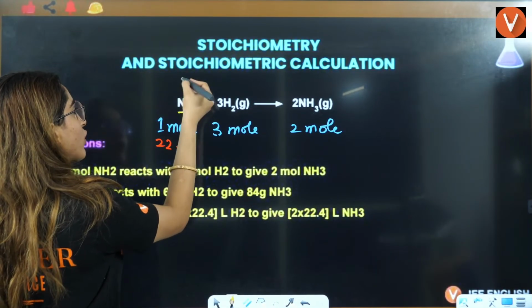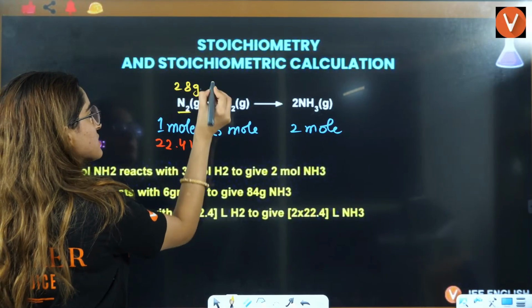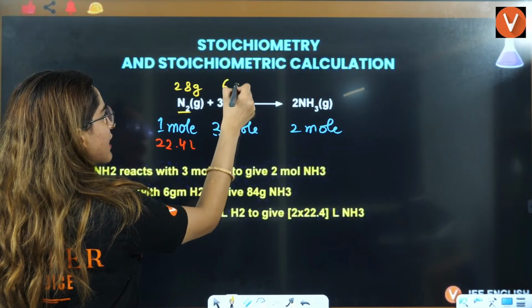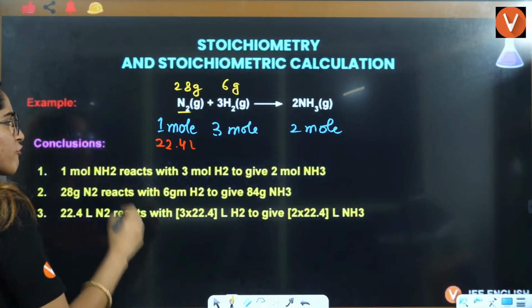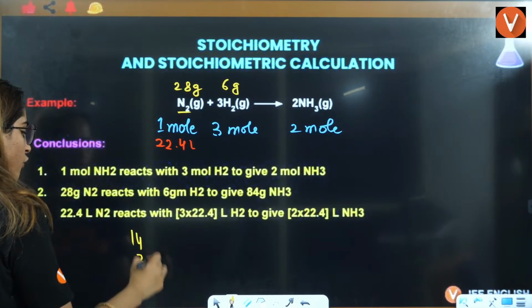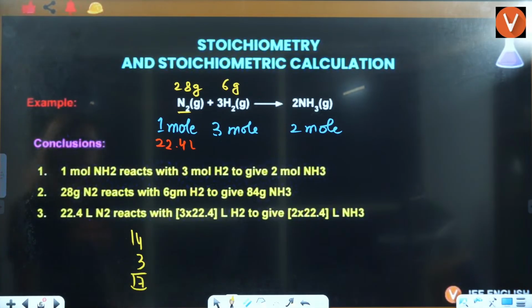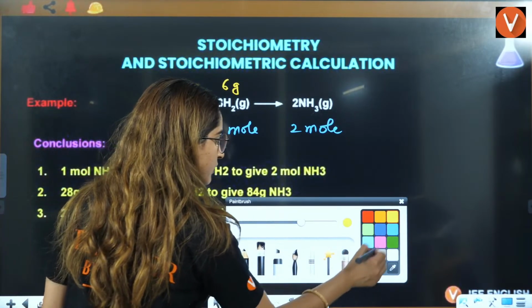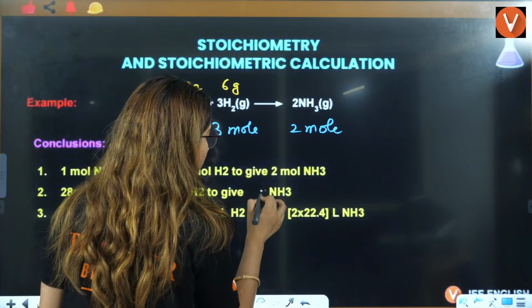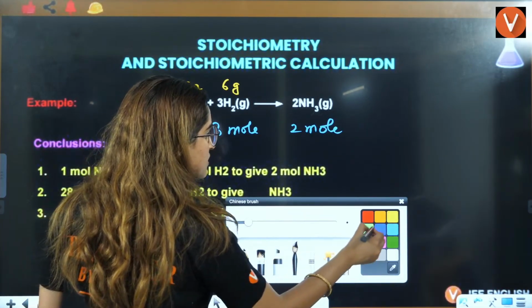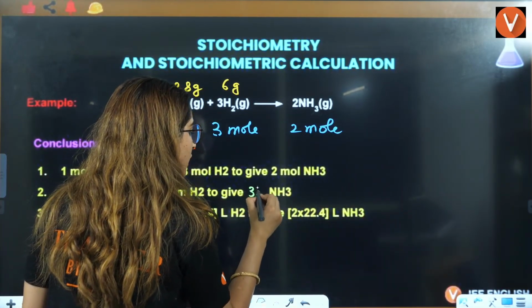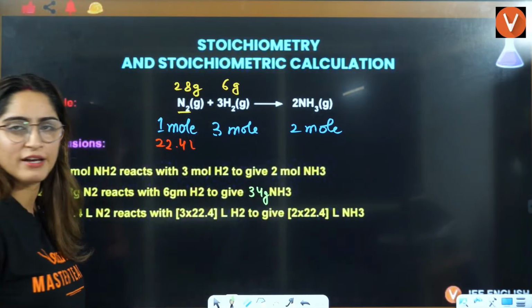N2 is actually 14 into 2, 28 grams. This reacts with 6 grams to give 17 into 2, right? So that will not be 84, that will be 34. Let me correct it here. This will be 34 grams of NH3.